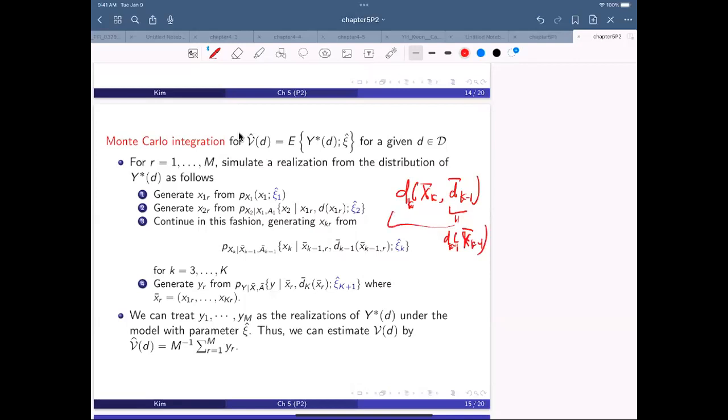So then you can write the whole thing as a function of x bar k. This is not exactly the same function, but it is just a function. In that sense you can write it this way.